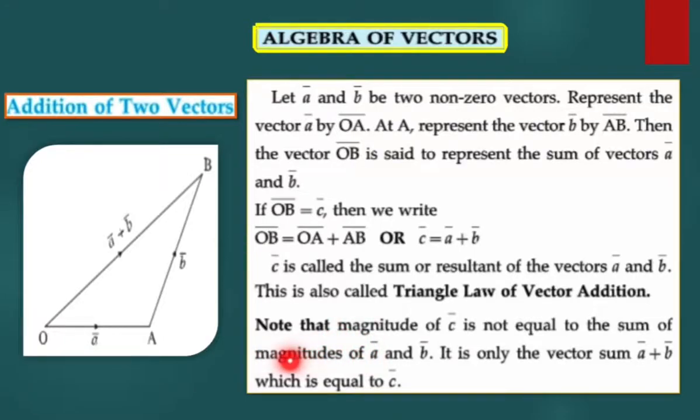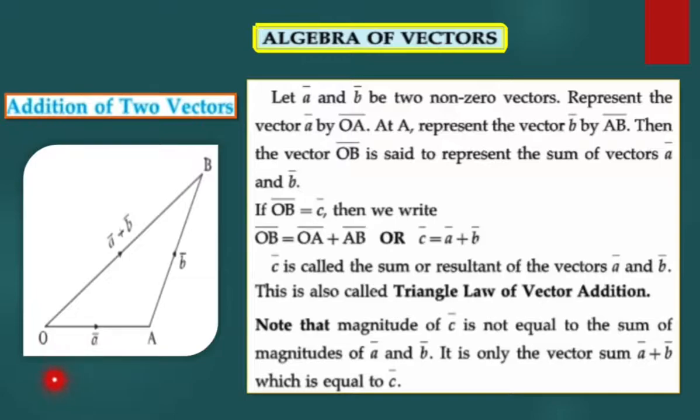So we note this point. Magnitude of c bar is not equal to the sum of magnitudes of a bar and b bar. It is only the vector sum a bar plus b bar which is equal to c bar. So see the diagram.